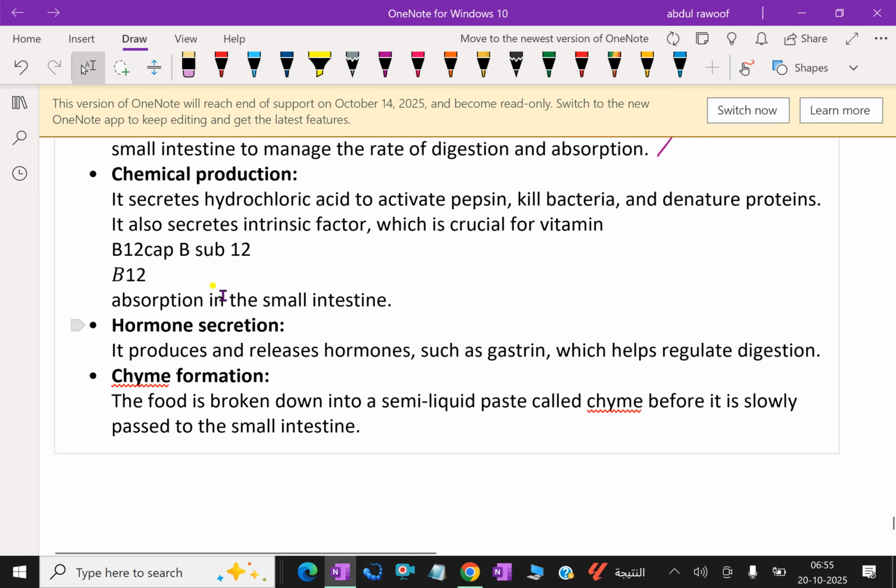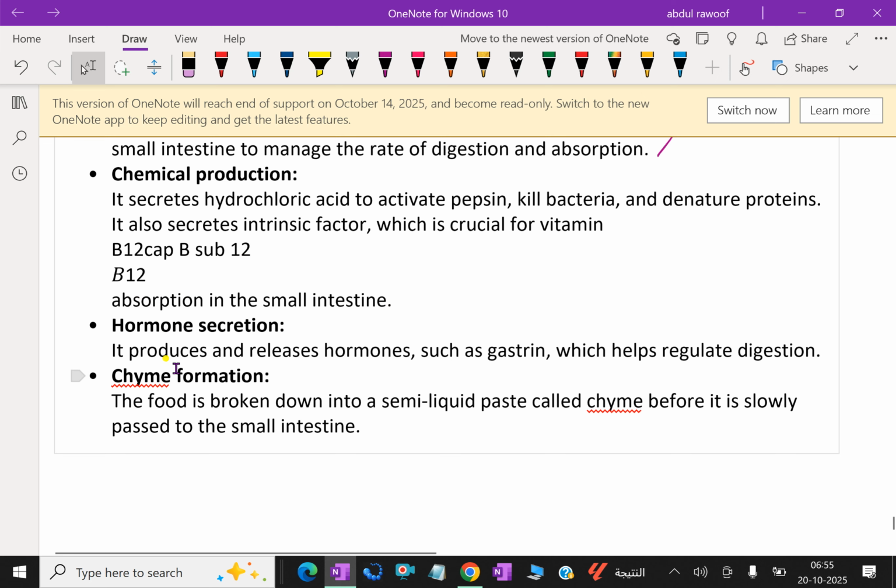Chemical production. It secretes hydrochloric acid to activate pepsins. Pepsin kills bacteria and denatures proteins. It also secretes intrinsic factor, which is crucial for vitamin B12 absorption in the small intestine.